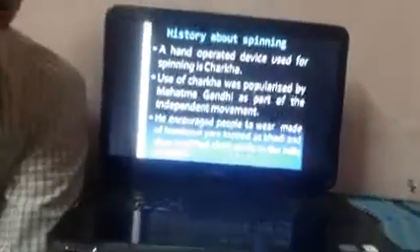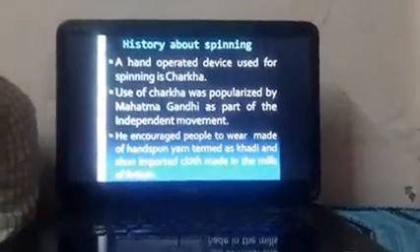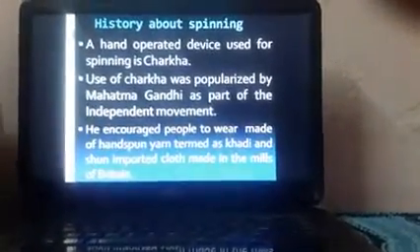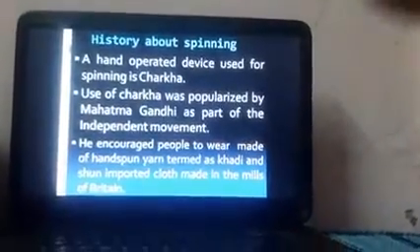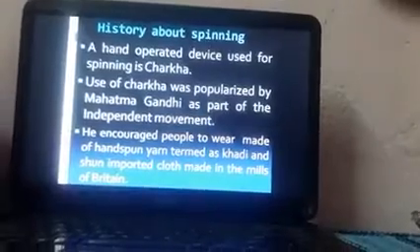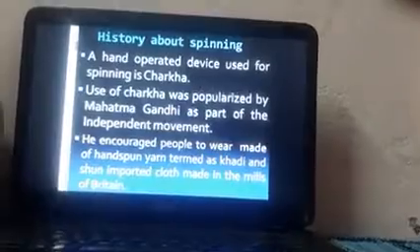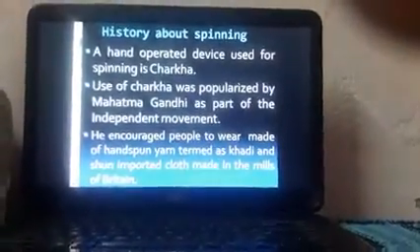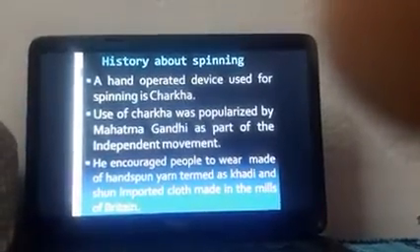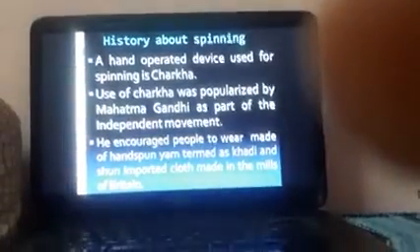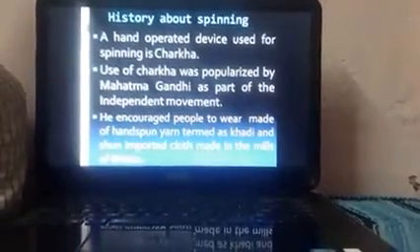So let us discuss the history of spinning. Very interesting incidents happened regarding spinning in our modern history. The hand-operated device used for spinning is the charkha, and I think all of you have seen the image of the charkha. The use of the charkha was popularized by Mahatma Gandhi as a part of the independence movement.